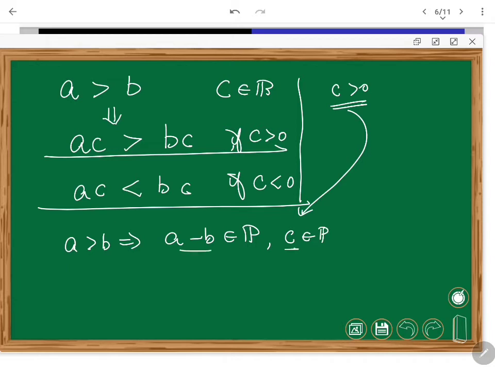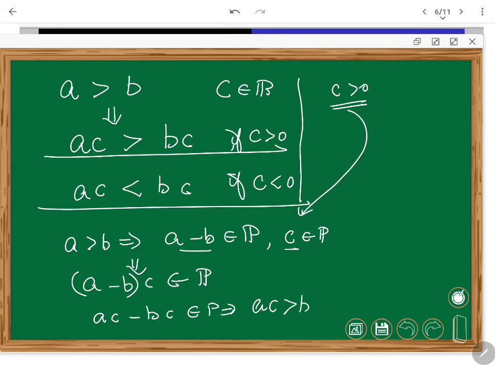Now two elements are from P. You can multiply them. So A minus B times C is also in P. But that distributivity helps us. AC minus BC should be in P, which says nothing other than that AC is going to be greater than BC.